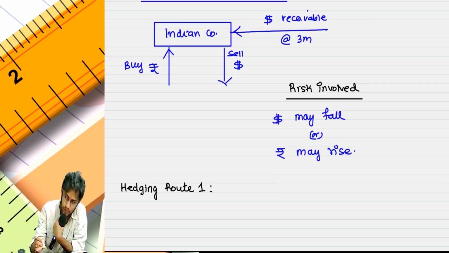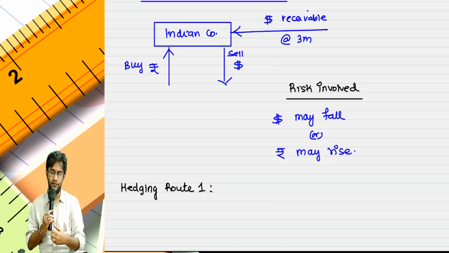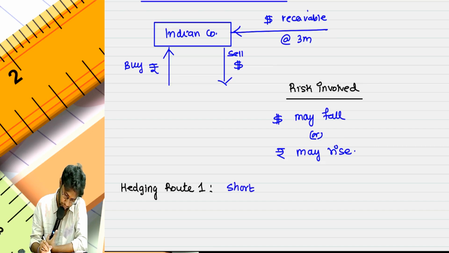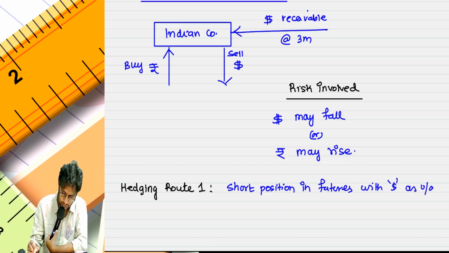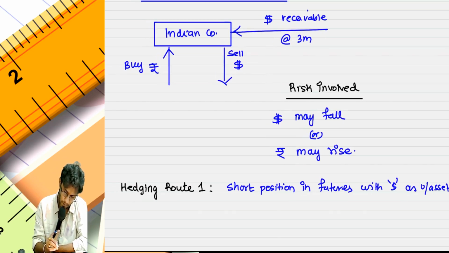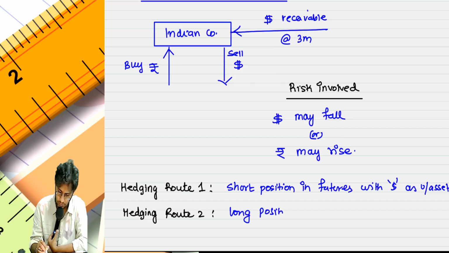Hedging route 1. Dollar is likely to fall, sir. I want to hedge. In a falling market, which position will give you a gain? Short position. Short position in futures with dollar as the underlying asset. Route 2: rupee may rise.